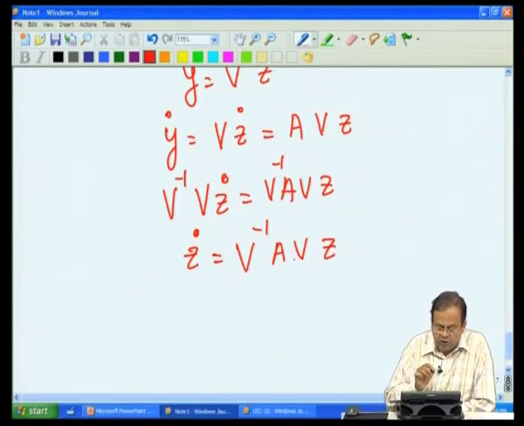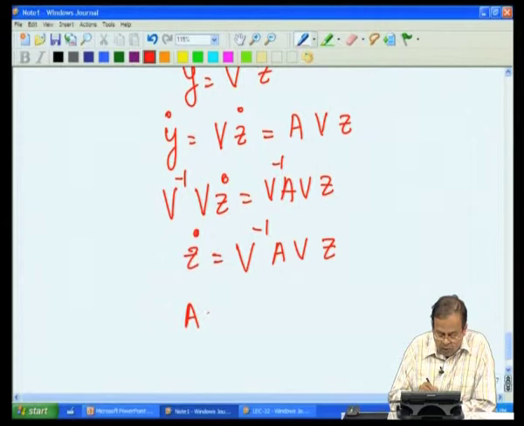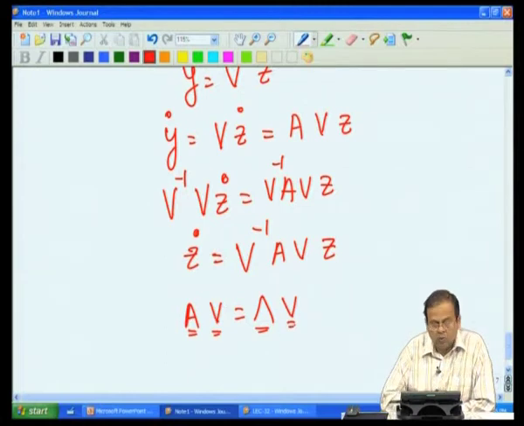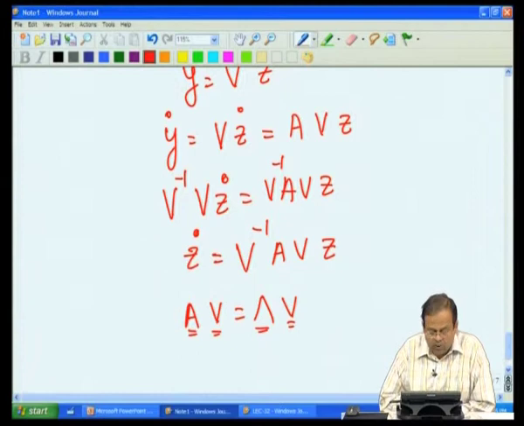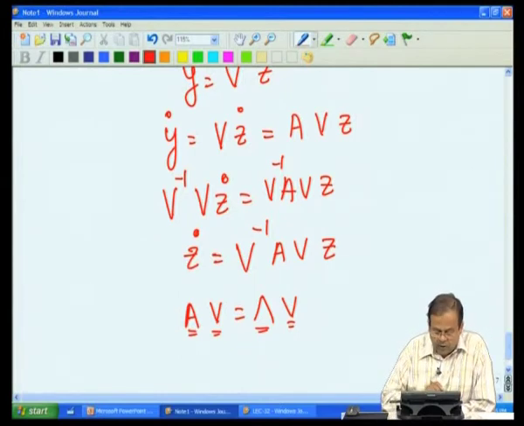But what is V inverse A V? Remember our A V equal to V lambda, where lambda is a diagonal matrix.